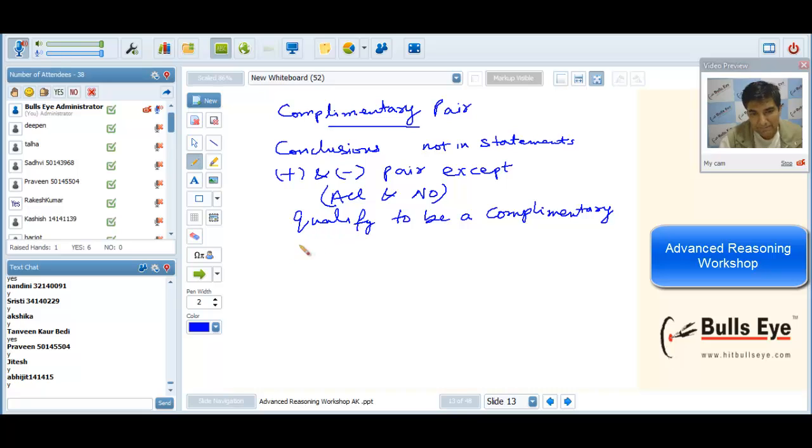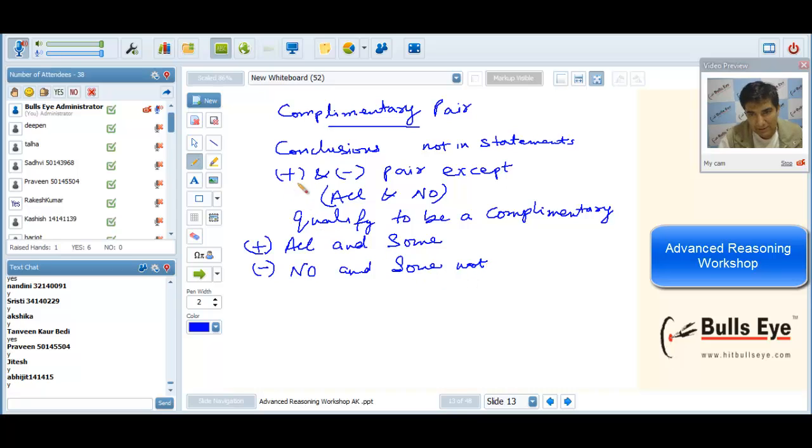That is, we have two statements which are positive, that is, which start with all and which start with some. These are positive statements. Then we have two negative statements which start with no and some not.